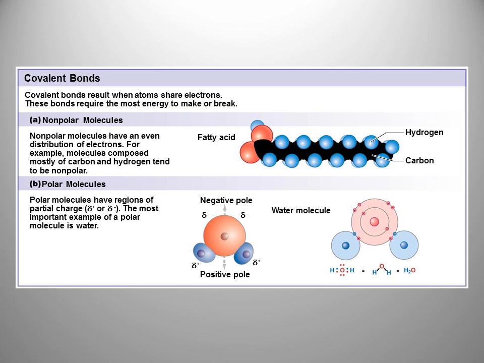Now this fatty acid, on the other hand, and there's carbon, carbon, carbon, carbon, carbon, carbon going through here, all these carbons have relatively the same amount of affinity for the electrons. And so the electrons can actually float around here without getting the other carbons too bent out of shape. Okay? That's why things like graphite, which is all carbon, is so greasy. Okay? It's because those electrons are free to slide.